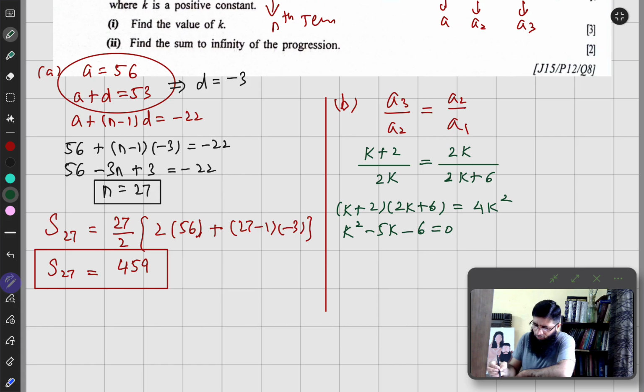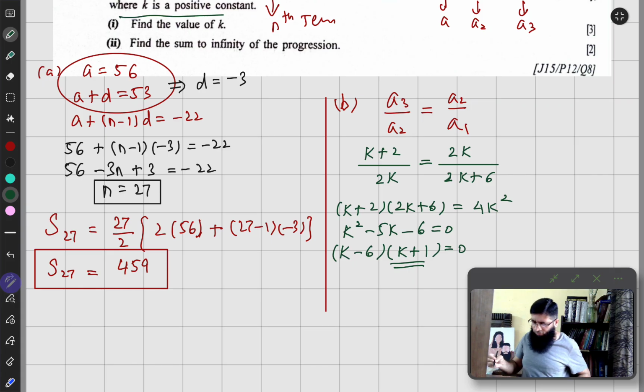Now you will have two values. If you do the middle term breaking, that will be (k minus 6) times (k plus 1) is equal to 0. We will ignore k equals negative 1 because it is given in the statement that k is a positive constant. So k will be equal to 6 in this case.